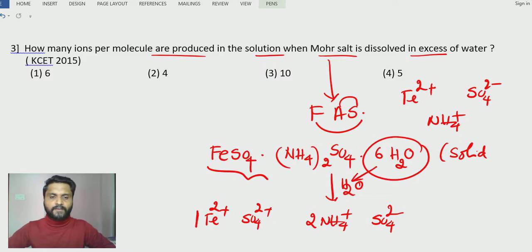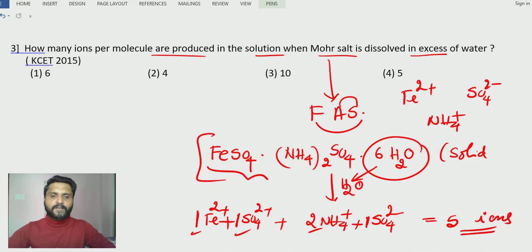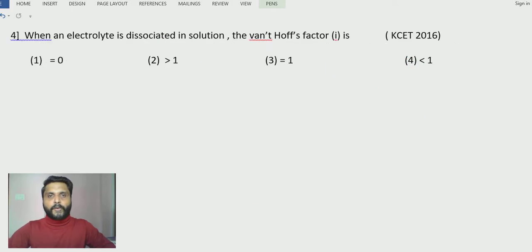So 1 ferrous, 1 sulfate, 2 ammonium, and again 1 sulfate. Count the total number of ions: 1, 2, 3, 4, 5. So altogether 5 ions are produced per molecule of ferrous ammonium sulfate. Okay students, so what is the answer? Answer is option number 4. Clear?